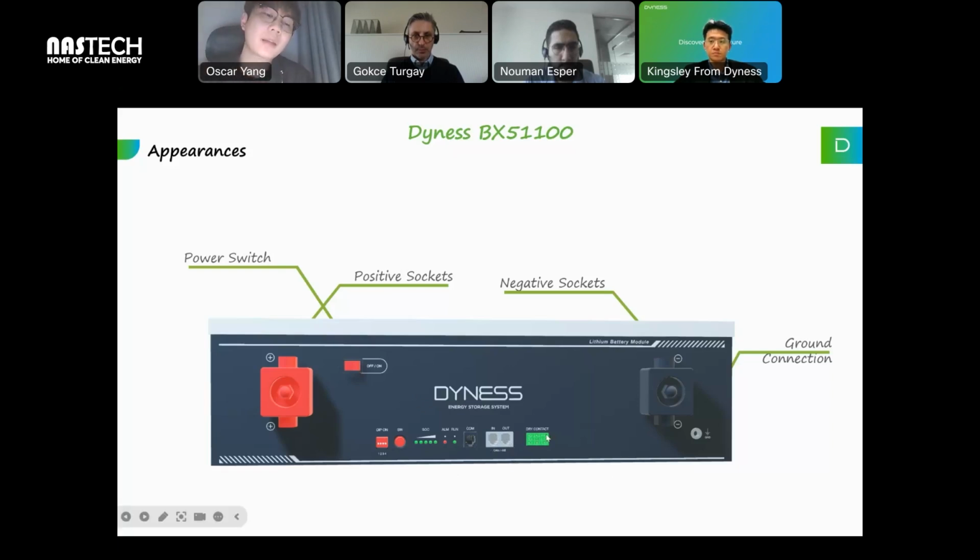Dry contact is a functional contact to receive DI/DO signals. So if you have any third-party EMS system, and this system can send out turn on, turn off signals automatically, through this port it will support a smart control function.